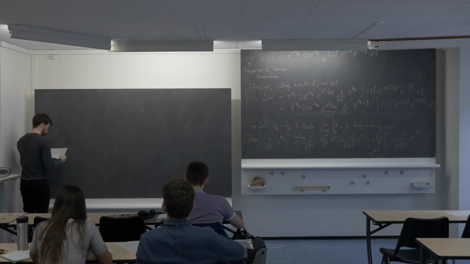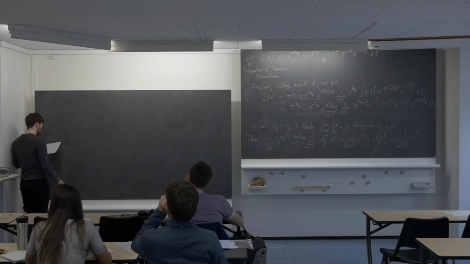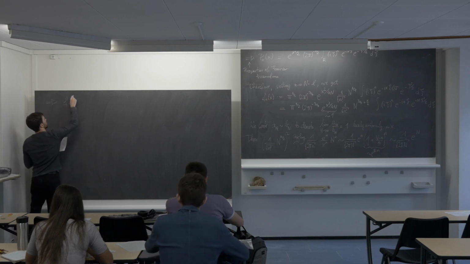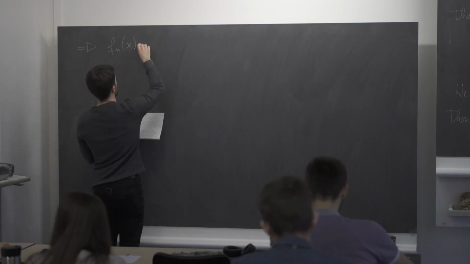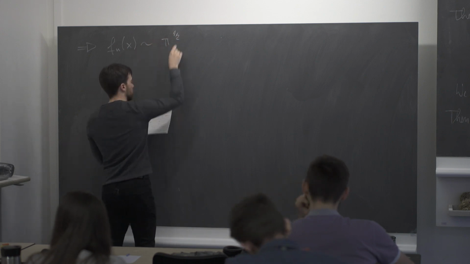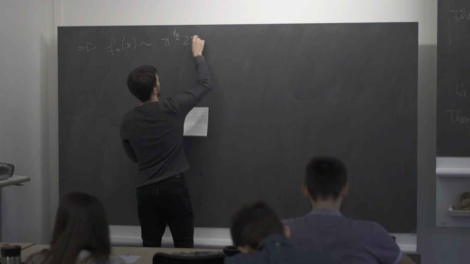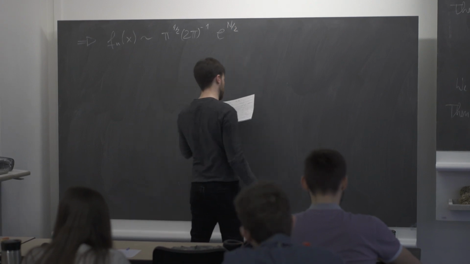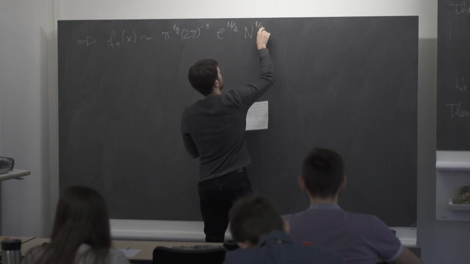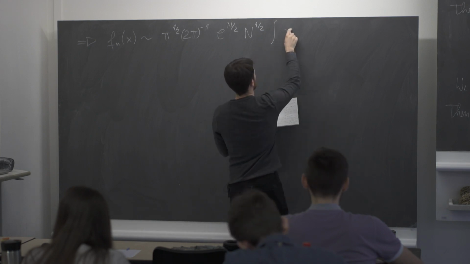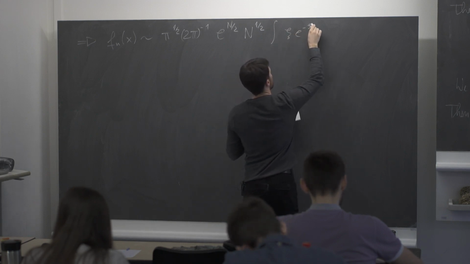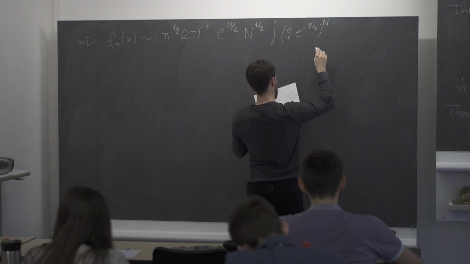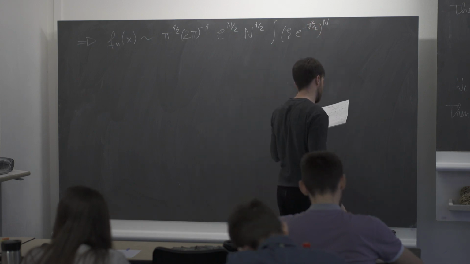Okay, so what do we get? Well, what we will end up with is f_n of x behaves like square root pi, 2 pi to the minus 1, e to the n over 2, root n, and the integral of, and now I write it a little bit differently, xi e to the minus xi squared over 2, and the whole thing to the n.